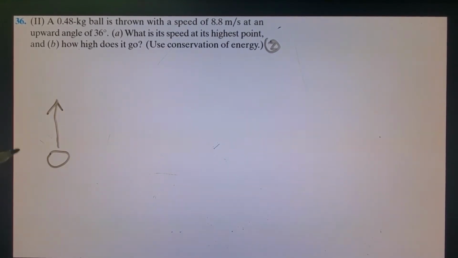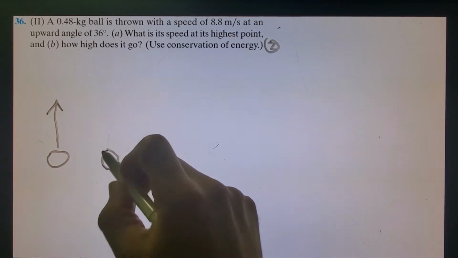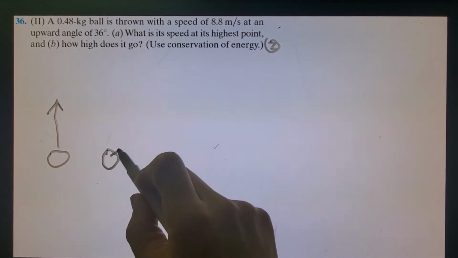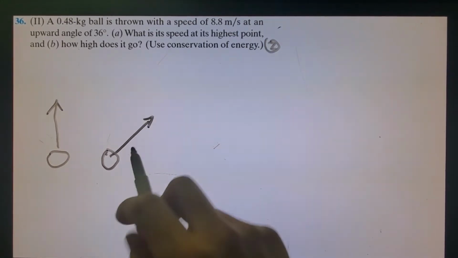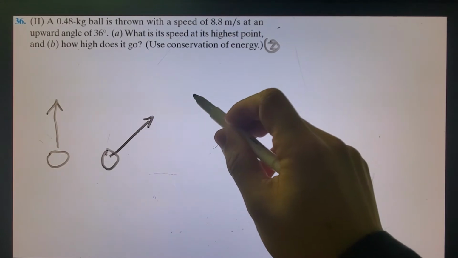If we throw up vertically, we have an initial velocity, and when it reaches the highest point, it will stop and then come back. So that would be the cycle. Now, what happens if we throw the ball at an angle instead of vertically up? At the highest point, will it stop?